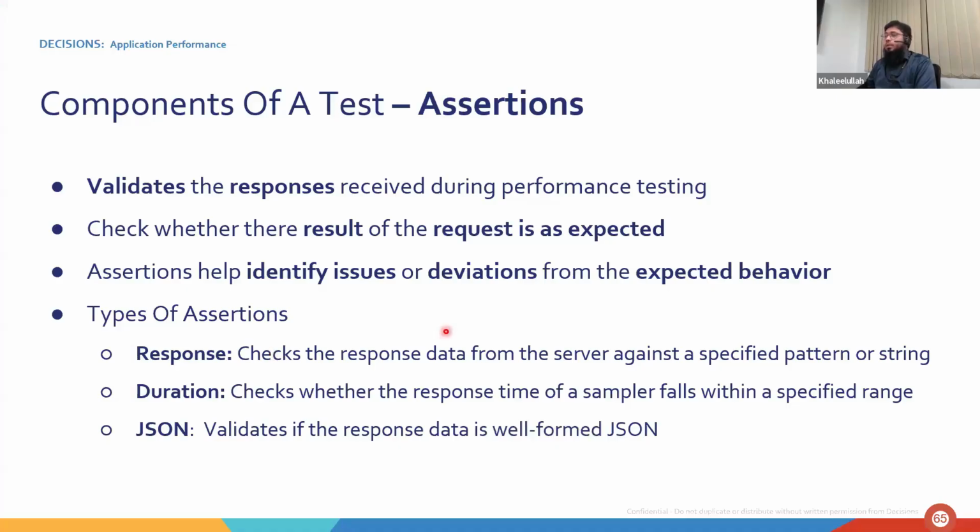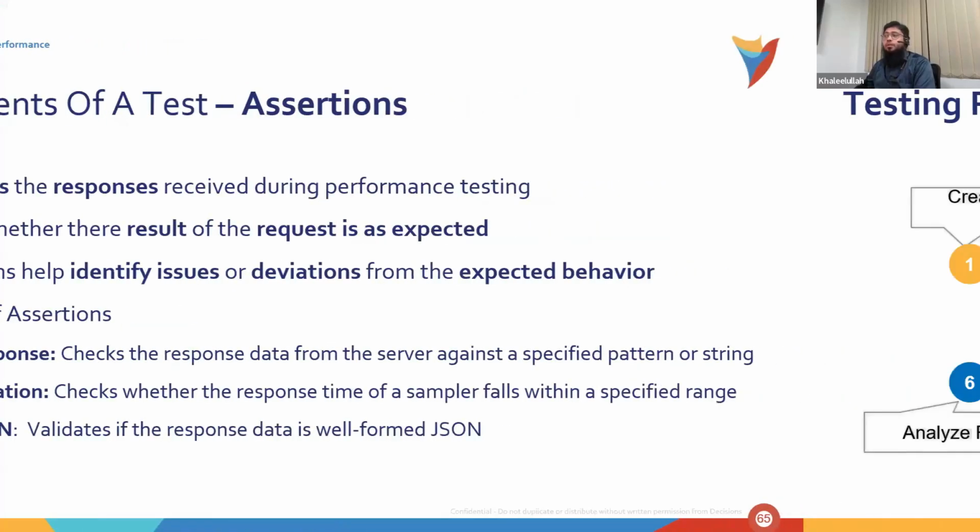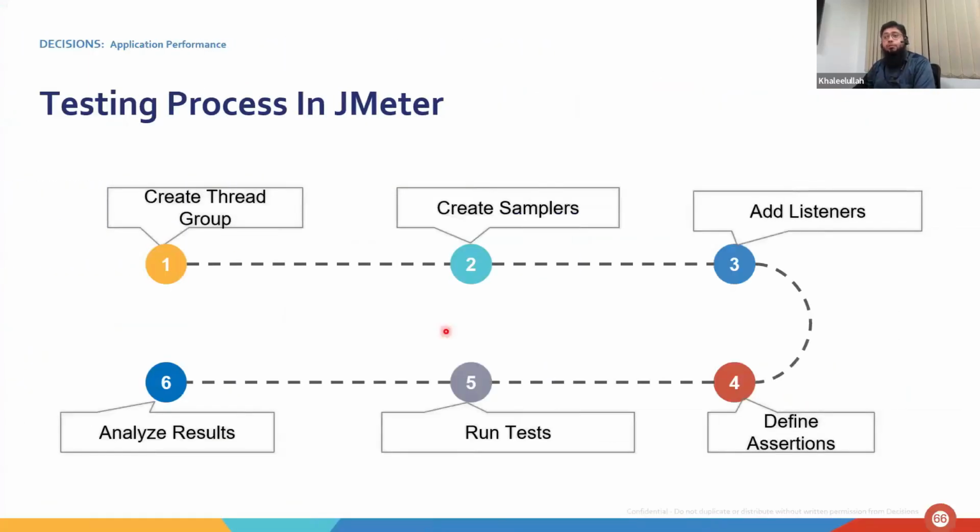So now we know a bunch of test components, and this is the process that we have followed already for creating our test scripts. We start by creating a thread group, we add some samplers, we add listeners, we define assertions, we run the test and analyze the results.